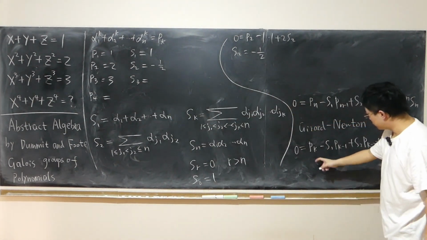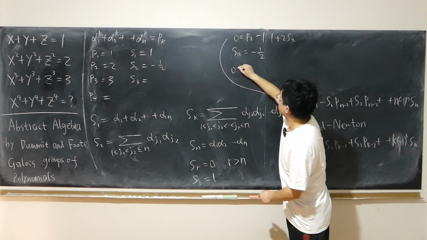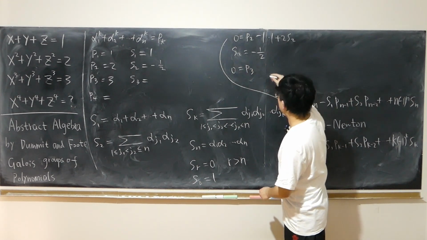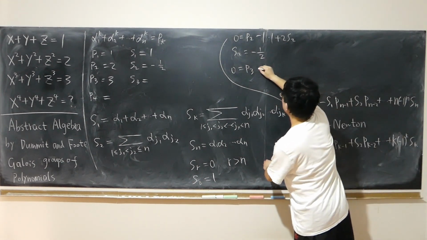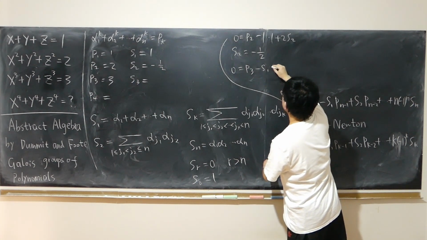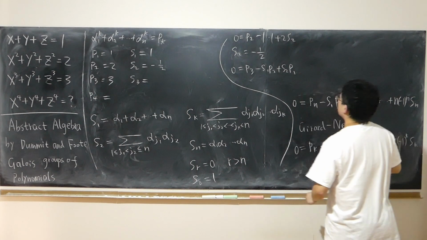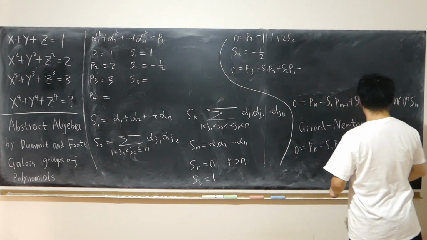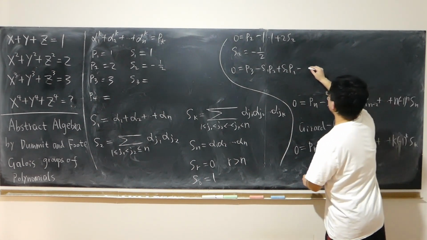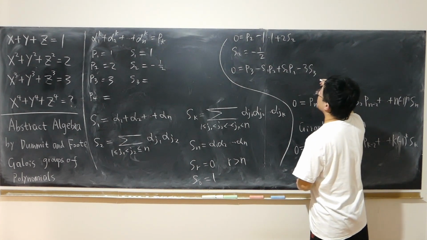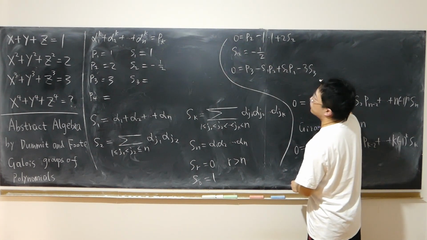So set k equal to 3. 0 is equal to P3 minus S1 P2 plus S2 P1, then minus 3 times S3. Right, P3 is equal to 3.